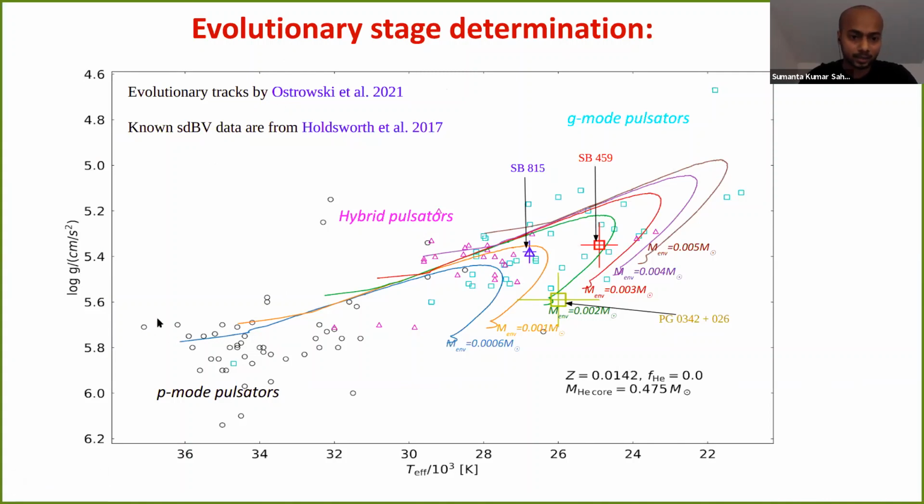Yes, I guess because all this data is taken from the Holsworth paper, and probably the effective temperature and log G were miscalculated for this star. I need to check because I don't have much information now, as I just plotted the data collected from this paper, which has more than 119 SDBVs in the list.